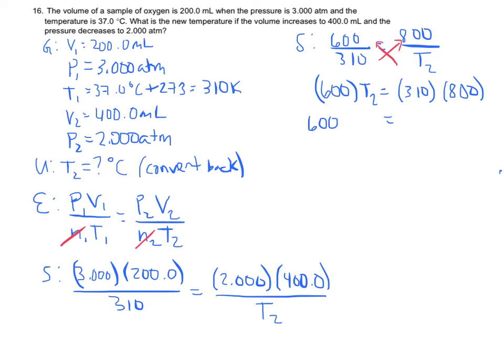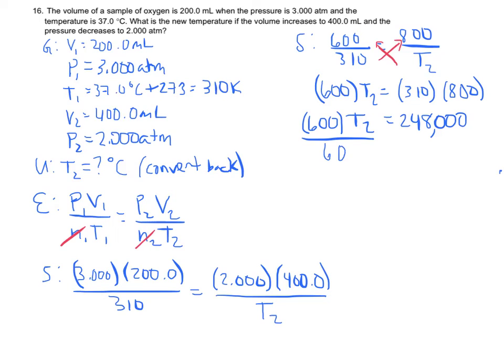So 600 times T2 is equal to, and then let's go ahead and multiply 310 times 800, and that gives us 248,000. And then we need to do our divide.